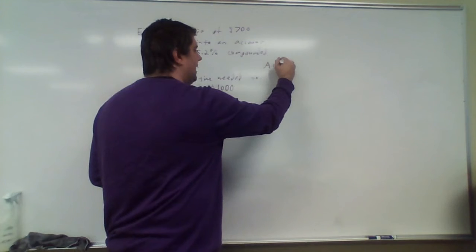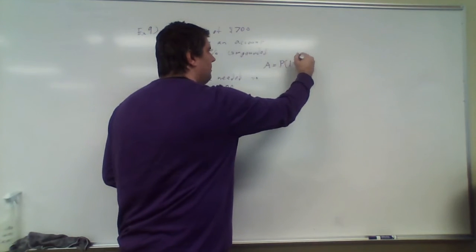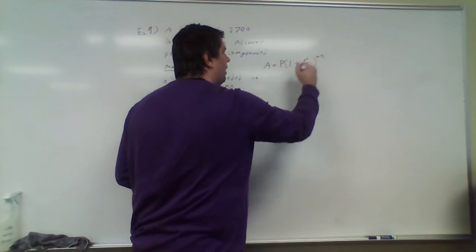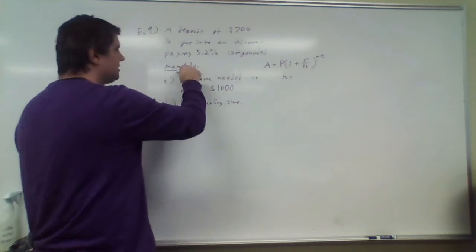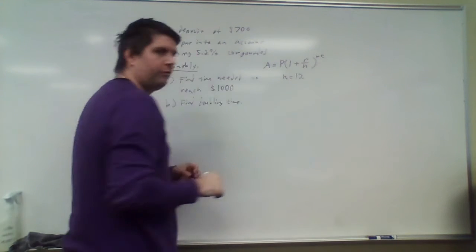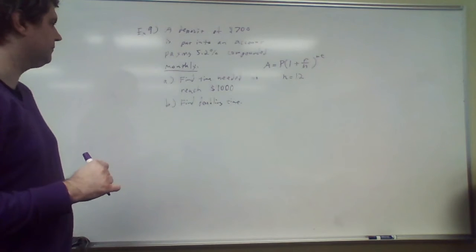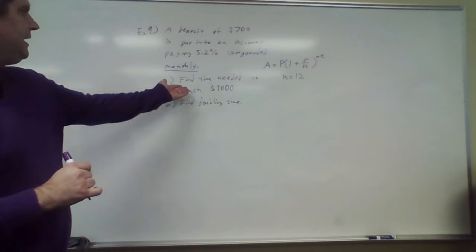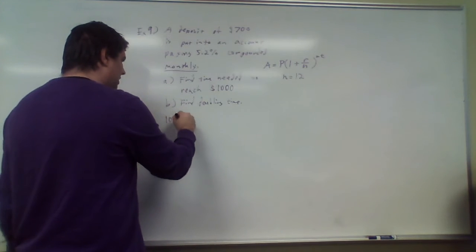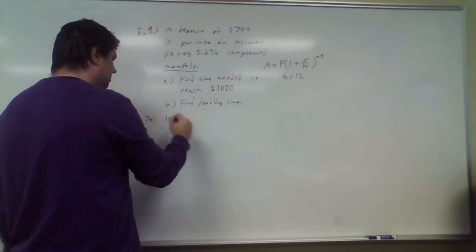You would use A equals P times (1 plus r over n) to the nt power, and n, because it's monthly and there's 12 months in a year, n would be 12. Okay? So I want the time needed to reach $1,000.